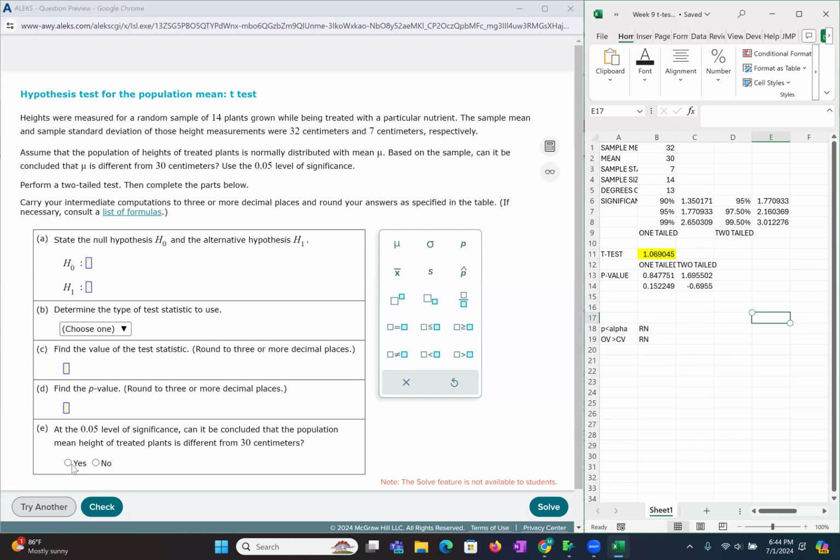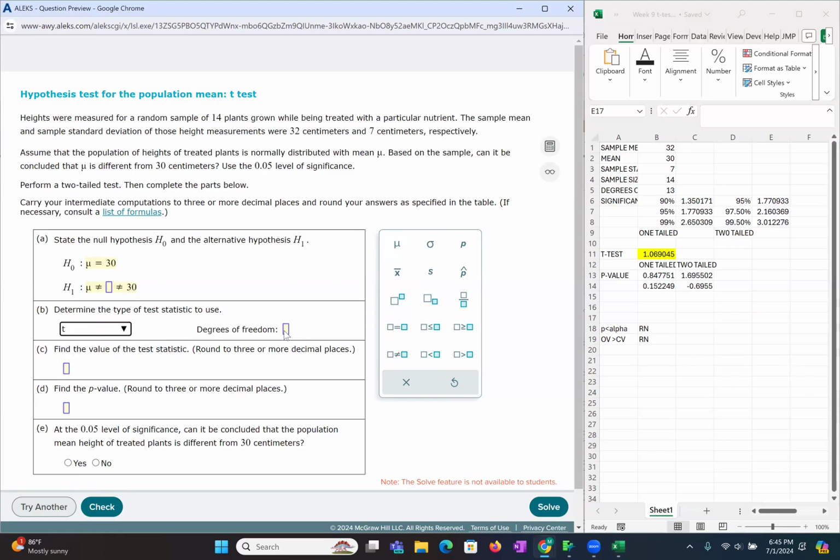Let me know when you're ready. Mu is equal to 30 centimeters. And what's the alternative? Mu is not equal to 30. Okay, good. Obviously, it's a t-test.